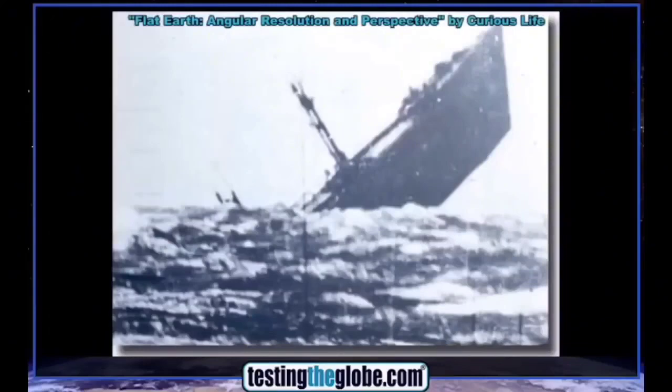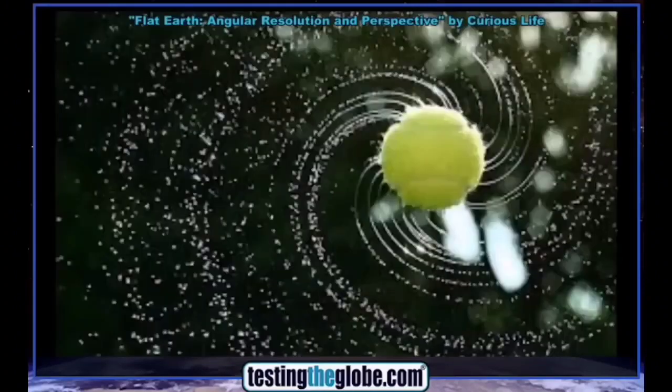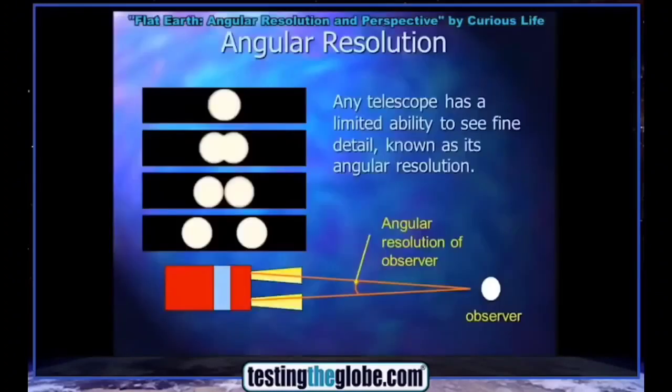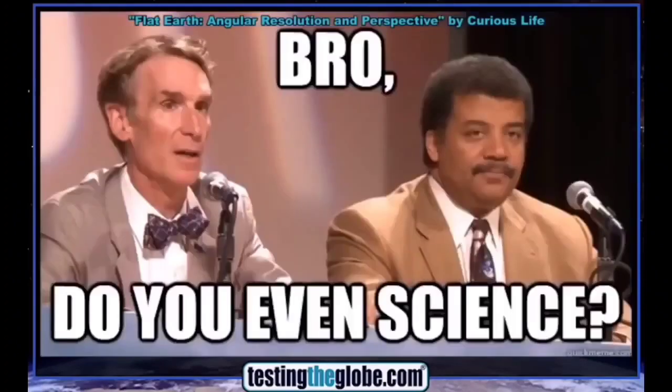Again, it is a silly assertion, yet it is one of the main pillars of the ball Earth theory. In this video, I will introduce the concepts of angular resolution with a basic explanation, and then I will show another short clip of MIT professor Dr. Walter Lewin in his Physics 3 course, where he teaches these recognized laws of physics that we can test and observe.